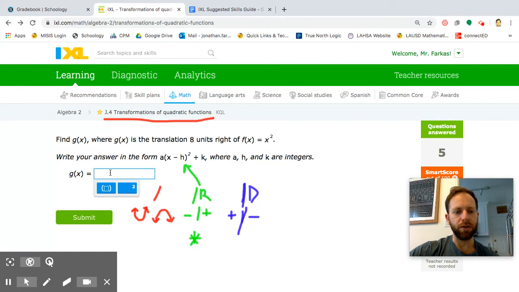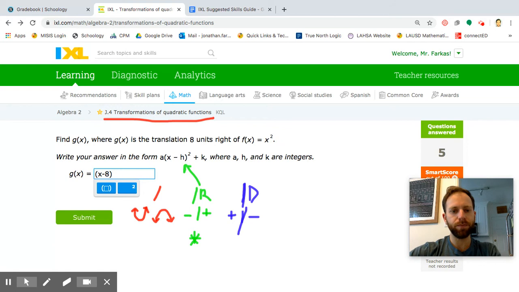So we're going to have parentheses x minus, from the equation right here, h, which is 8 units to the right, positive 8. So that's just a regular 8. Squared, because there's a square right here. This is still a parabola. And are we doing anything else to it? Not moving it up, reflecting it. Okay, so that's all.